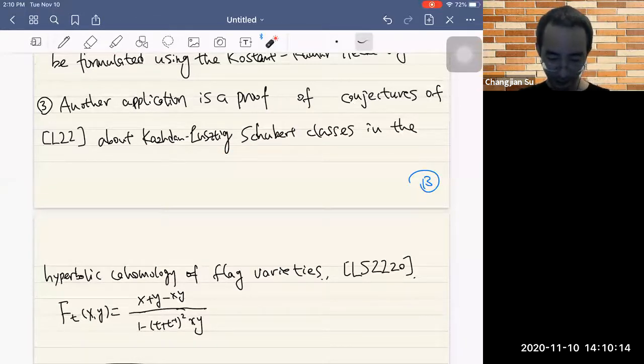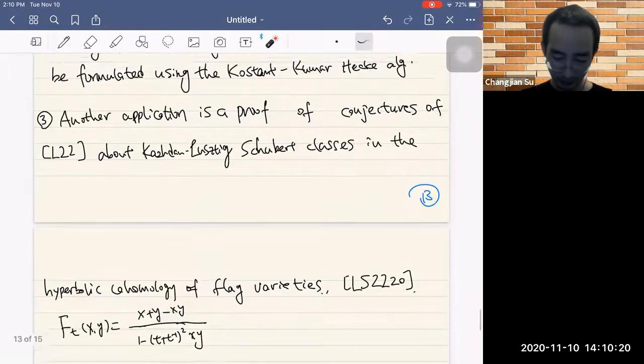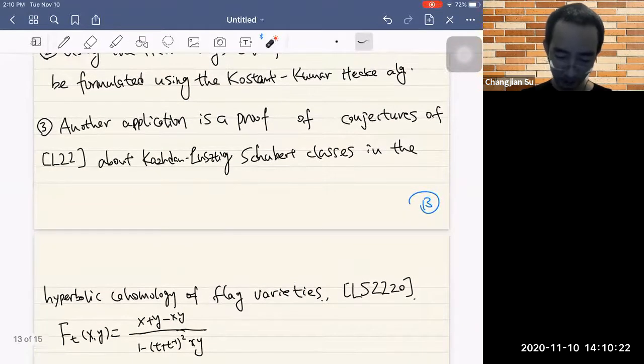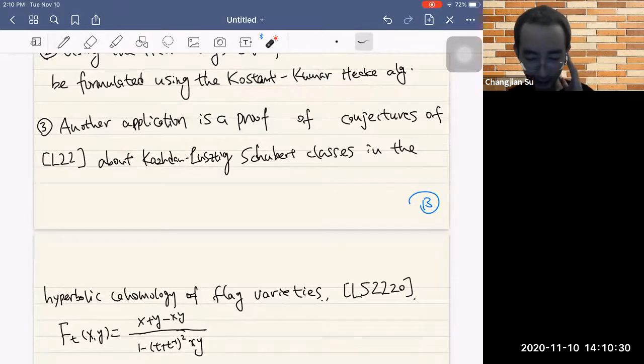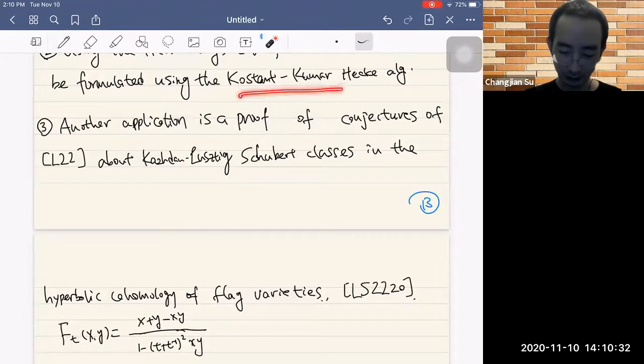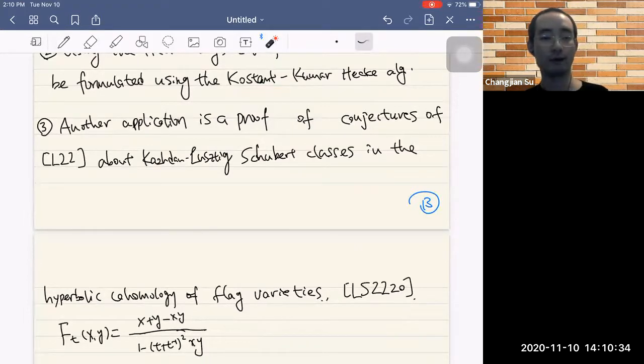So the rough idea is the following. Inside this hyperbolic cohomology of the flag varieties, we also have this Hecke algebra action, and inside this constant Kummer-Hecke algebra we can form this Hecke operator, and furthermore we can form the canonical basis, i.e. the Kazhdan-Lusztig basis inside this Hecke algebra.